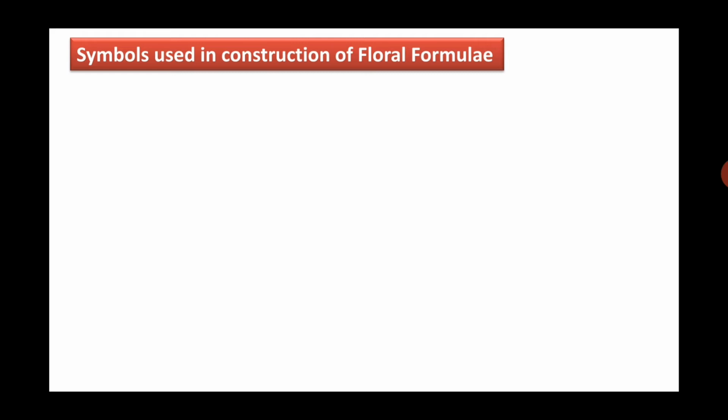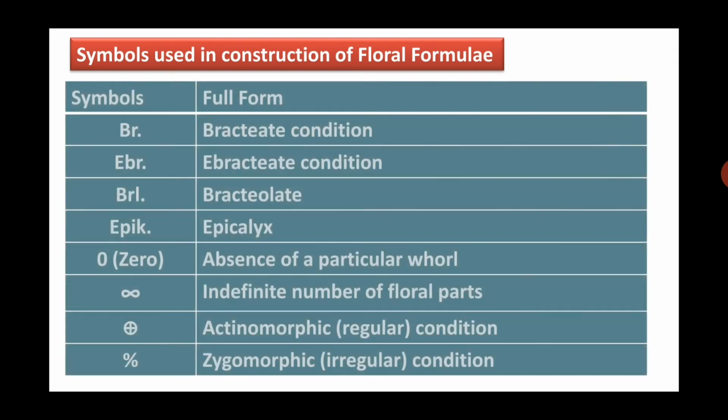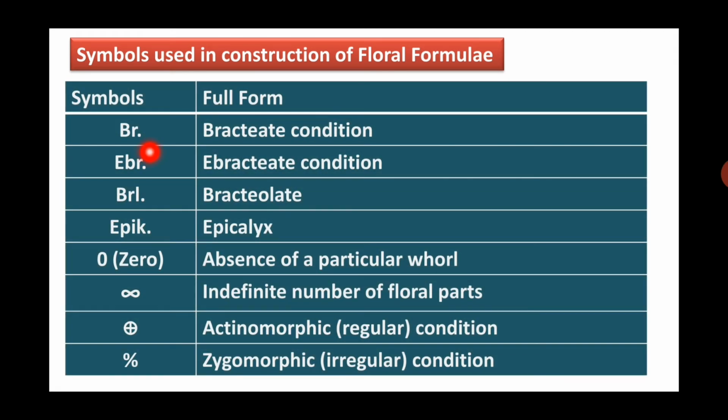Now let us study the symbols used in construction of a floral formula. If we understand these symbols, then we can easily construct a floral formula. So there are 2 columns, symbols in one column and full form in another column. Br dot, that means bracteate condition. Ebr dot, ebracteate condition. Ebracteate means the flower without bract.